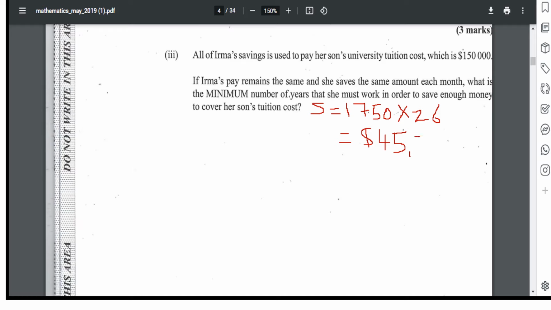Okay, $45,500 she saves each year. But she needs to save $150,000 for her son's tuition.